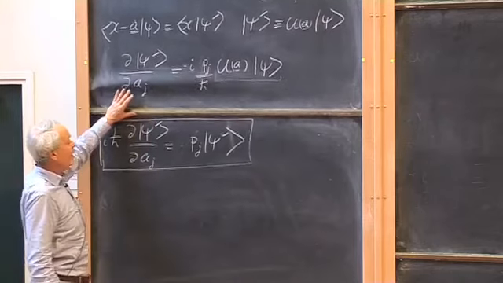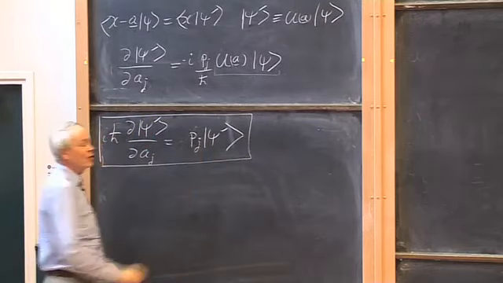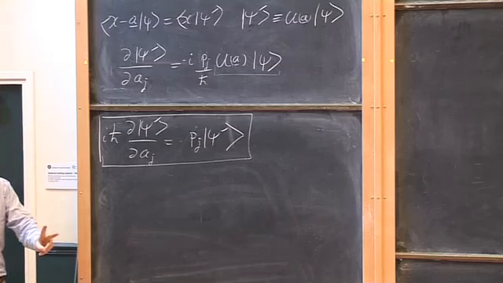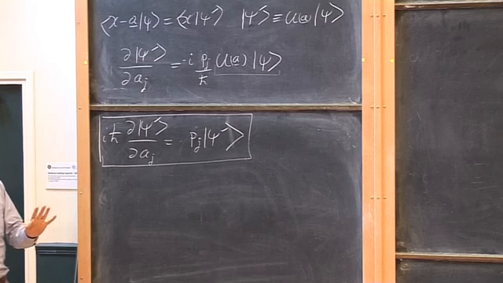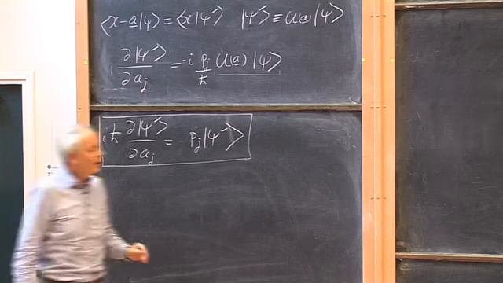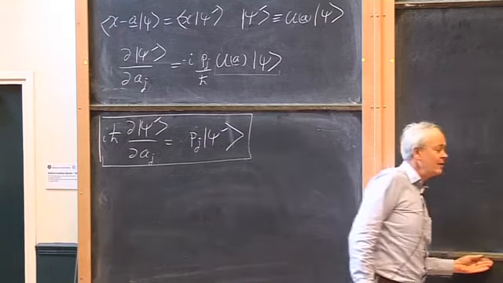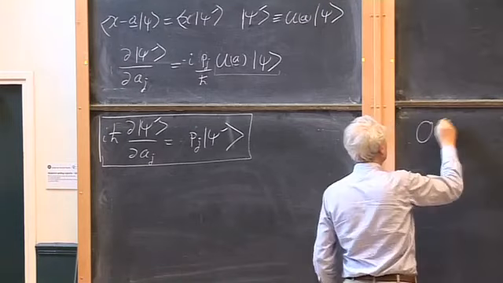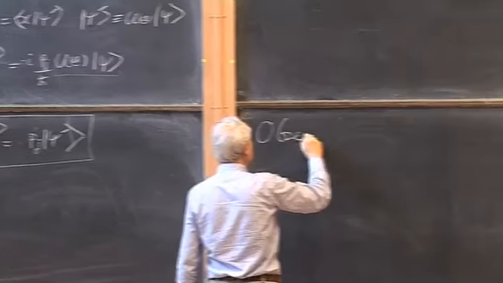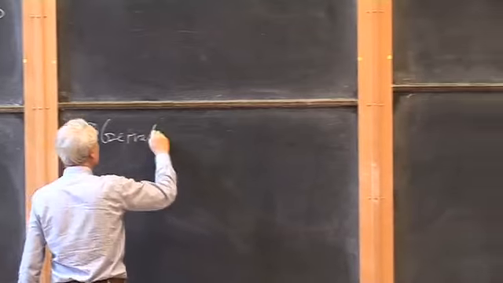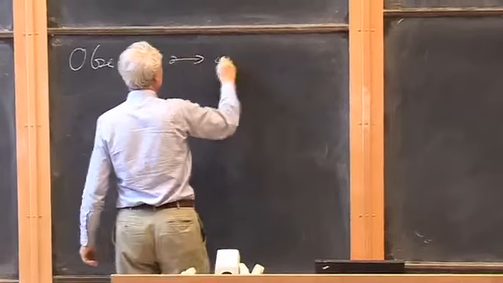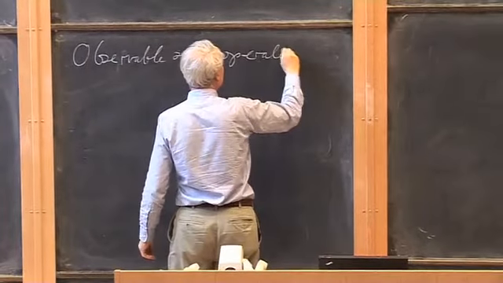So this now answers a question which I forgot to ask at the beginning of the lecture, which is, what actually does the operator P do? An operator associated with an observable. With each observable, we have associated an operator.